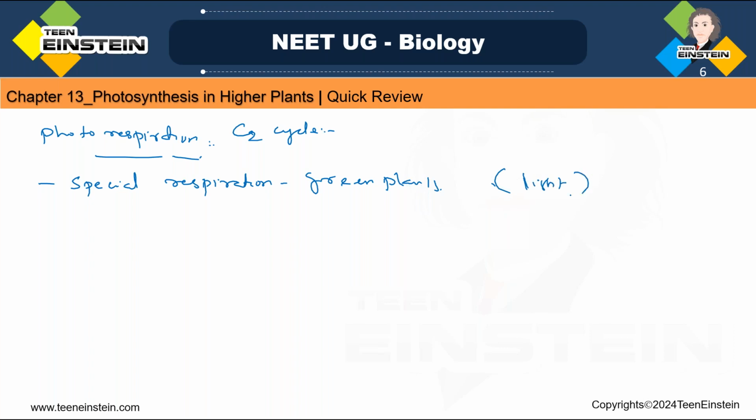This was discovered by Decker and Tio, who observed it in tobacco. The site for photorespiration is the chloroplast.